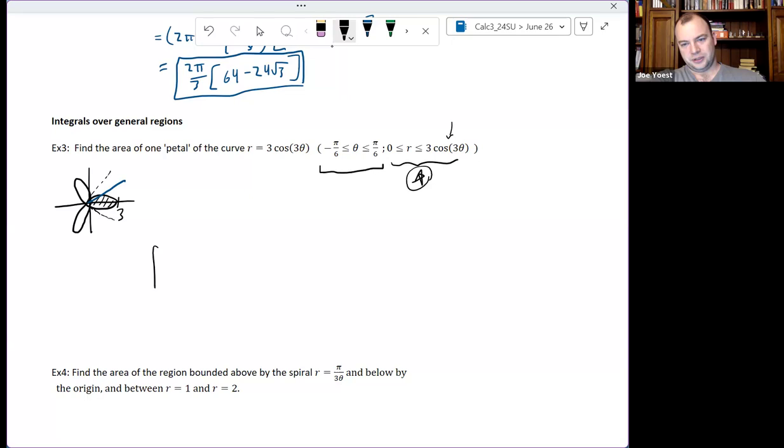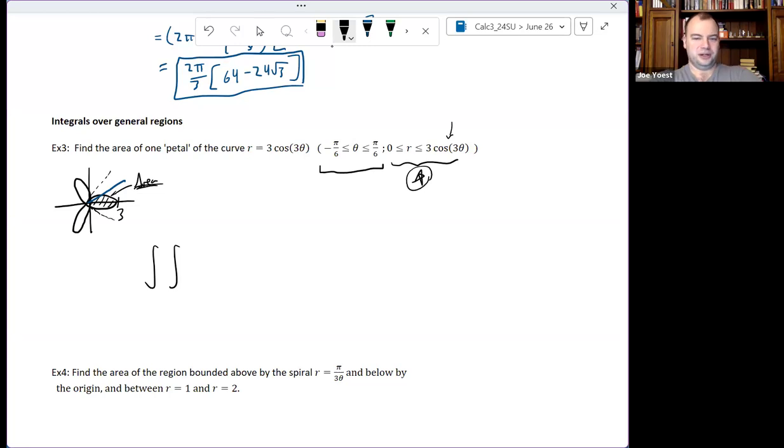So what is my integral going to look like? Well, the first thing, what's my integrand? I want an area. But a double integral kind of gives me a volume, right?